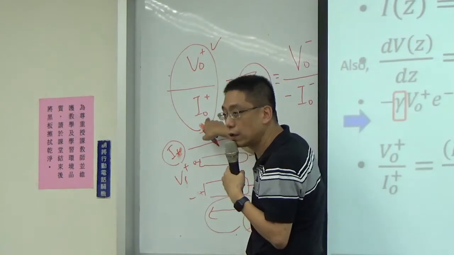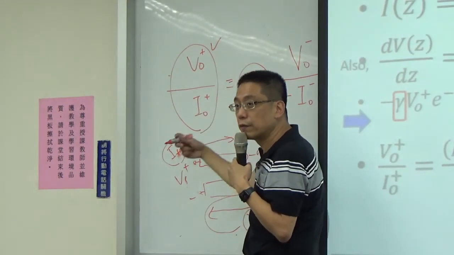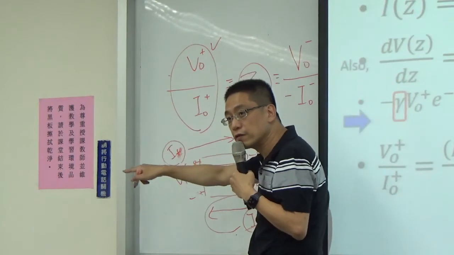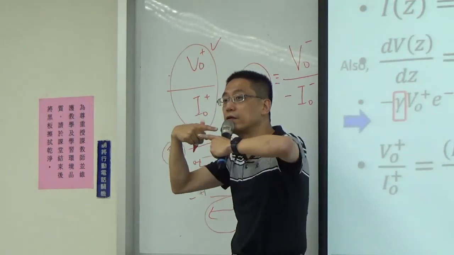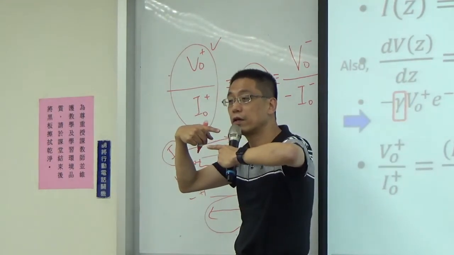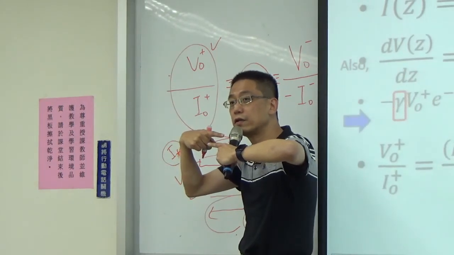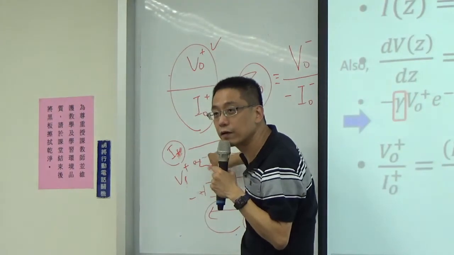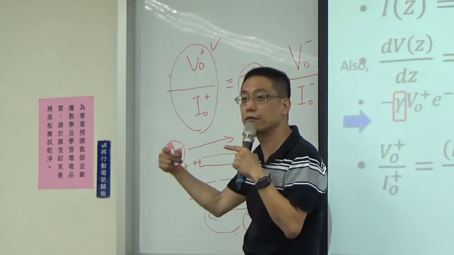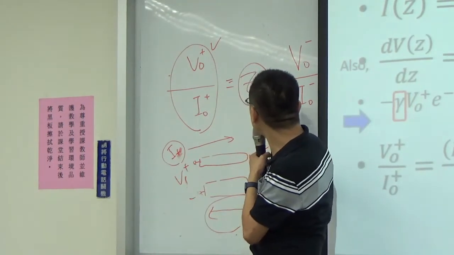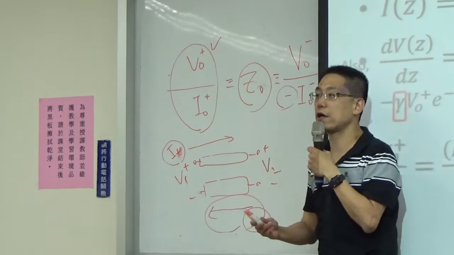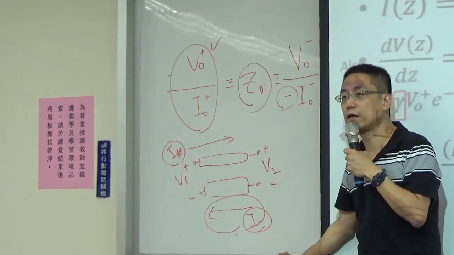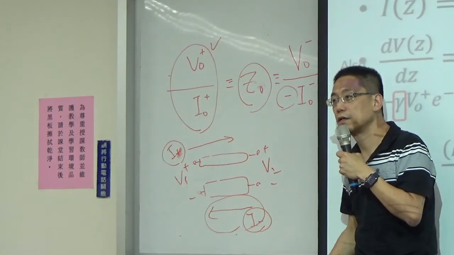But for the current, the forward and the reverse currents are different. Can you understand? The voltage is the same everywhere, but the current is different. So for this part, you must put a negative sign. Okay? Very good.